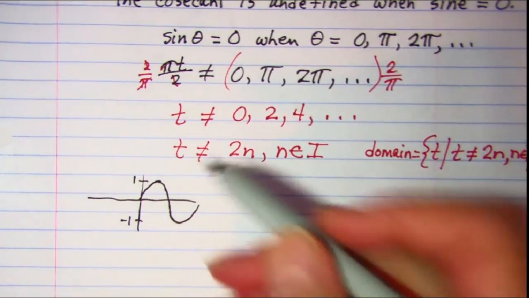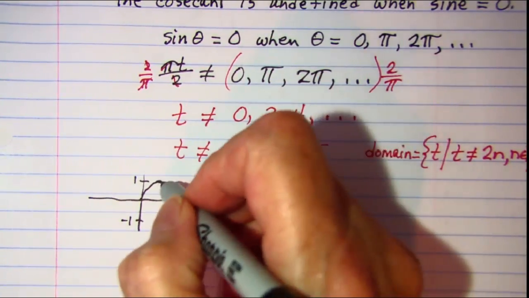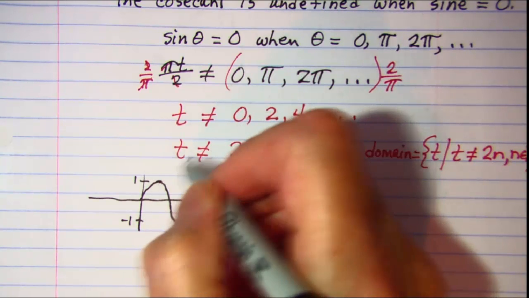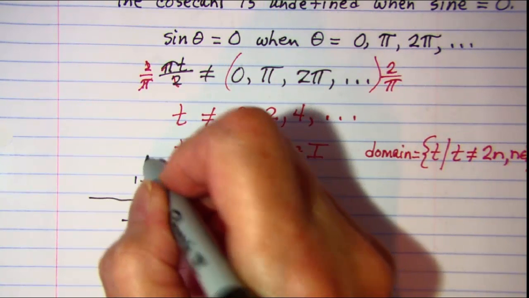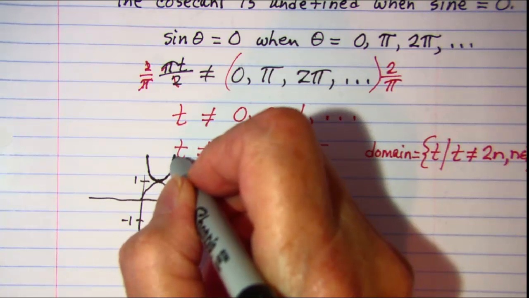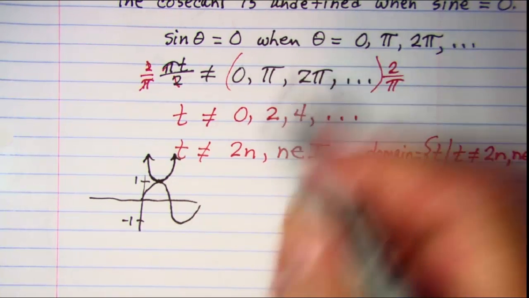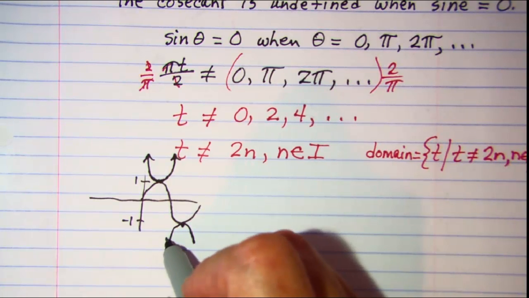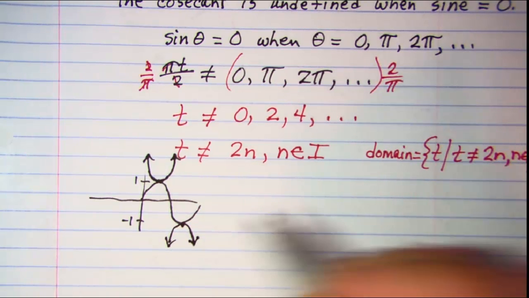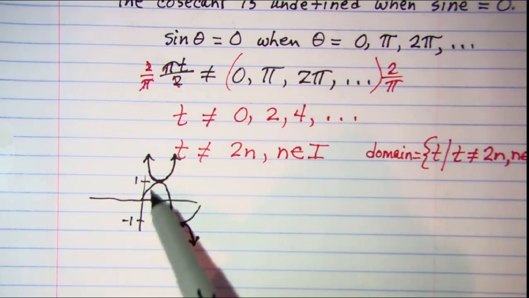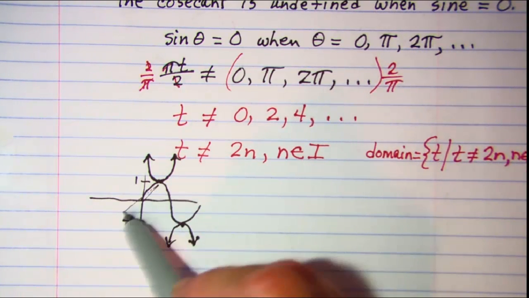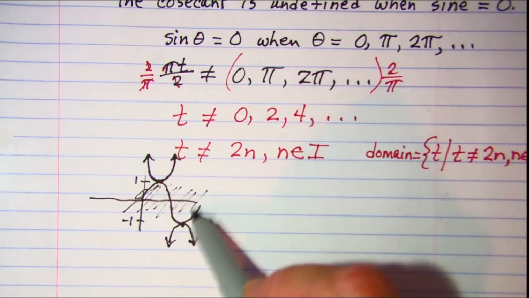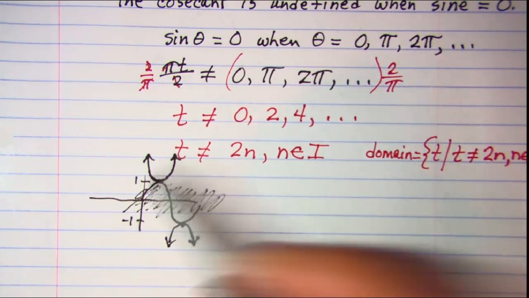So that means then that our cosecant curve is going to look something like this. And all of this space in between here, in between 1 and -1, is empty.